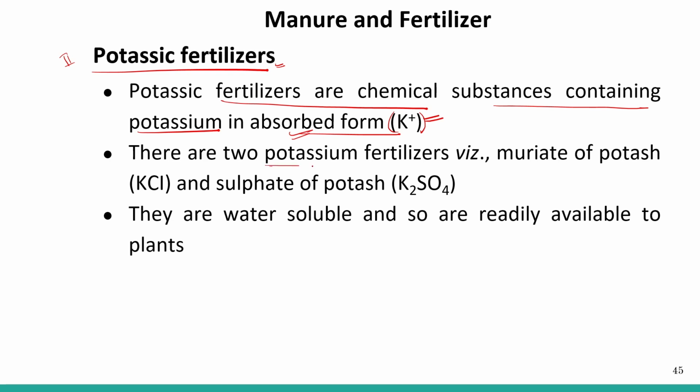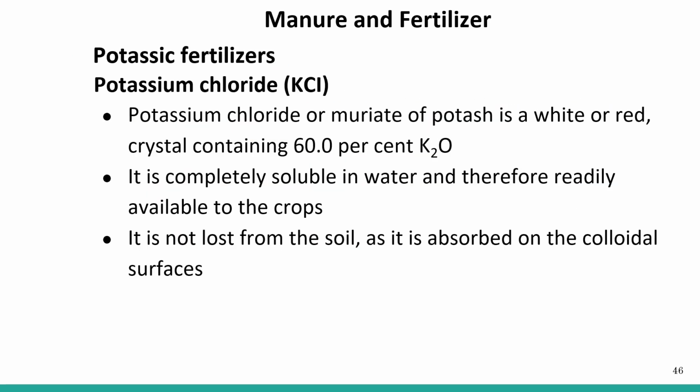There are two potassium fertilizers, very important: muriate of potash, that is KCl, and sulfate of potash, that is K2SO4. They are water soluble and so are readily available to the plant. They get easily solubilized in water, and are absorbed by the crop plants from the roots.